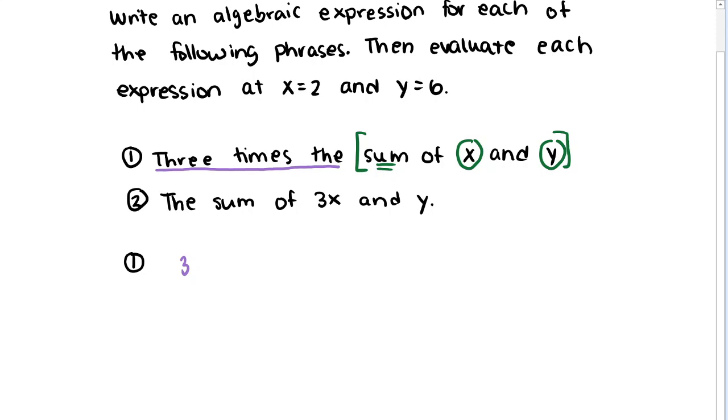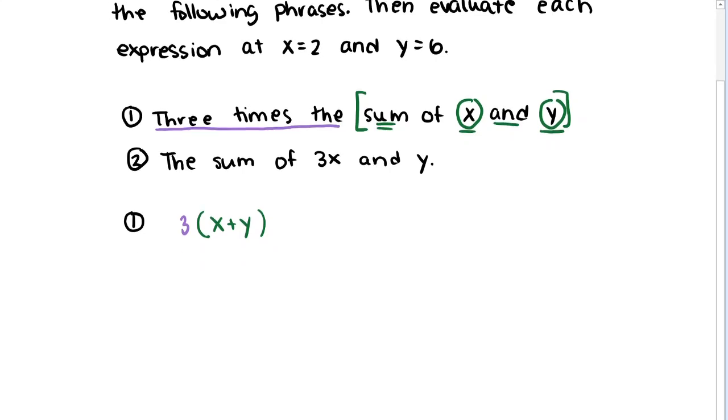These are the two things we're adding together. But here it's saying 3 times the sum. The sum is the result of the addition. So 3 times this addition, x plus y. So I should add that x plus y in parentheses to say I'm going to sum these things, and that's what I'm going to multiply 3 with. So here that's our first expression.